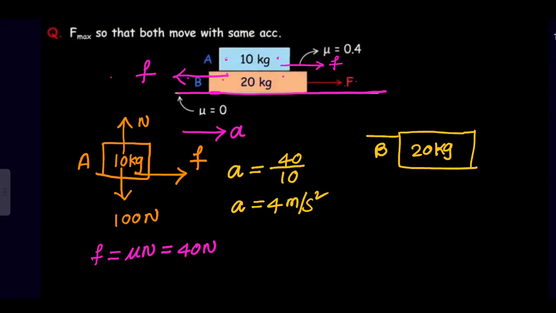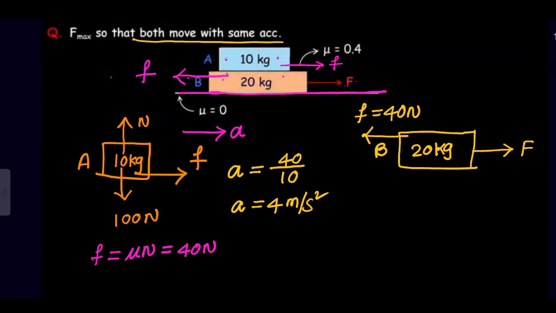This direction, the left side. How much is this friction? It is 40. Now we need to apply the force F. What they are saying here is that both move with the same acceleration. What does that mean?